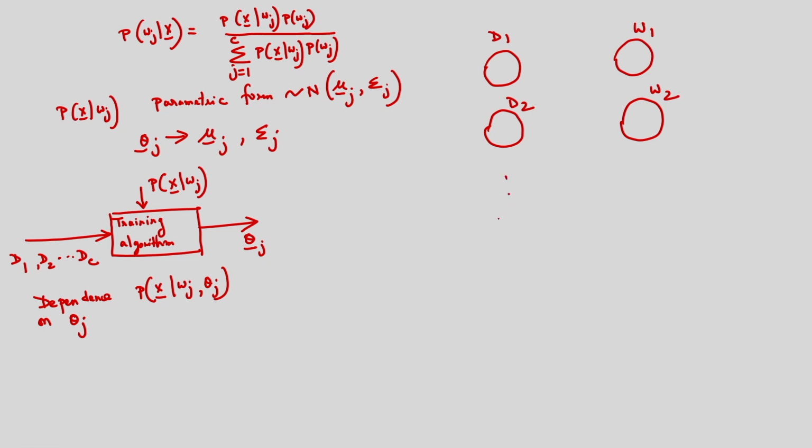Like this, suppose the training data set is Di, and the samples are x1, x2 like this. Corresponding to this the class is Wi, and suppose another class is Wj.